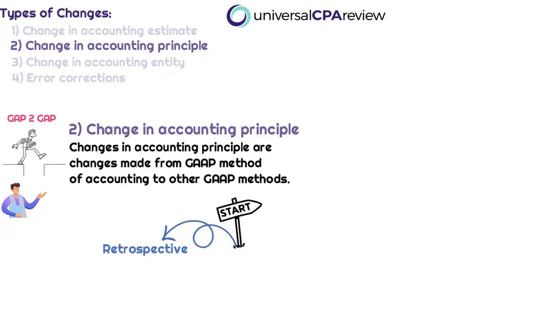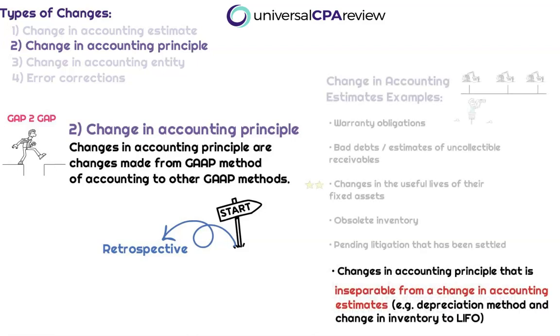A very common scenario that you could see on the exam is changing from one inventory method to another inventory method. But what did we talk about when we discussed changes in accounting estimates? We said this will not include any changes from one inventory method to LIFO specifically, because that would be considered a change that is inseparable from a change in accounting estimate. If, on the other hand, this was a change from LIFO to FIFO, for example, then this would be considered a change in accounting principle.